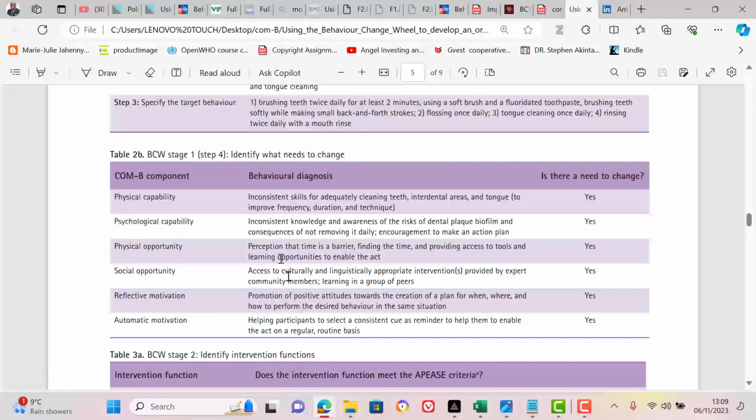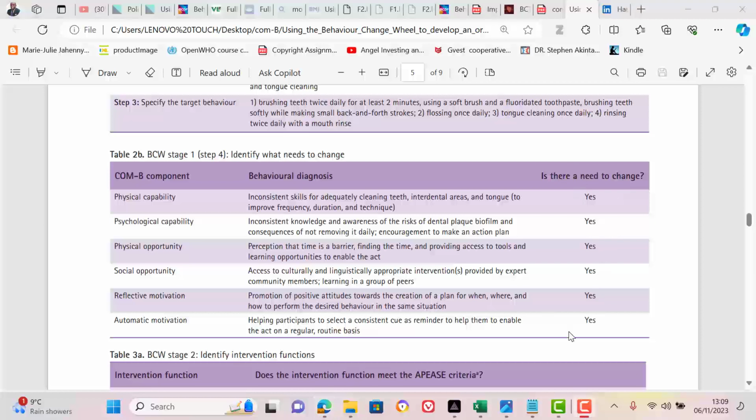Here the behaviors were mapped onto COM-B components; they were not mapped onto the TDF framework. It is all about what choice, what you want, which one you prefer working with. They are all mapped onto the COM-B model, and the author asked, is there a need to change? Yes.